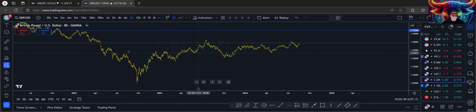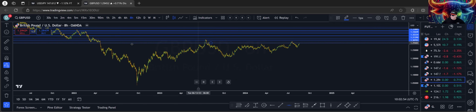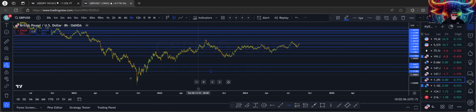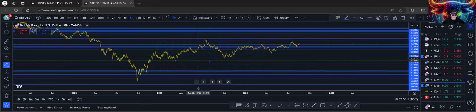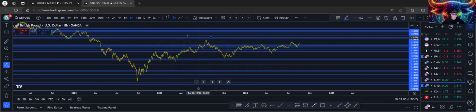Yes, a lot of people say this. The market continues to move up and down. Wow, look at all those support and resistance zones. Actually, throw a couple lines in there, make people happy here. There we go. How about that?